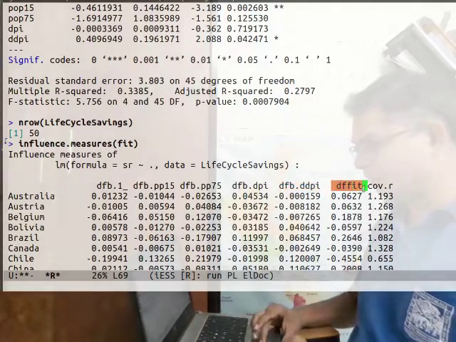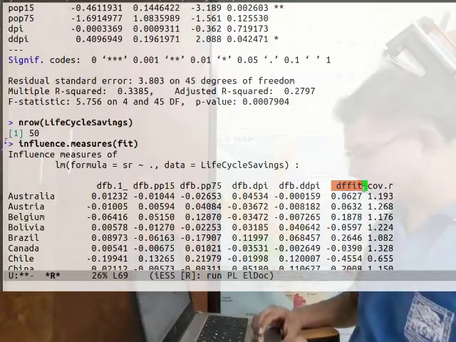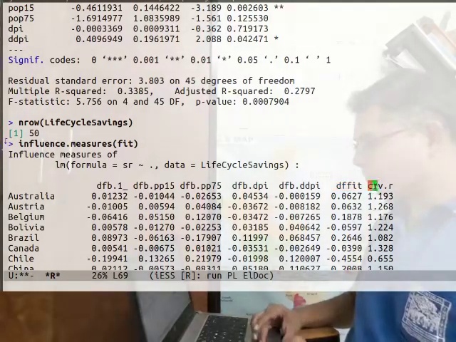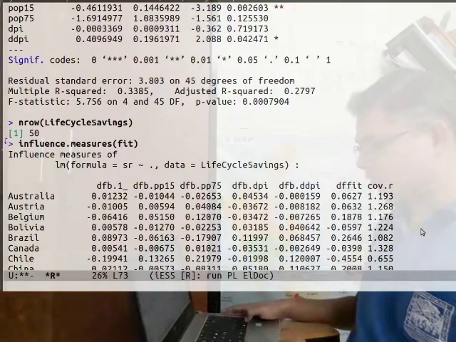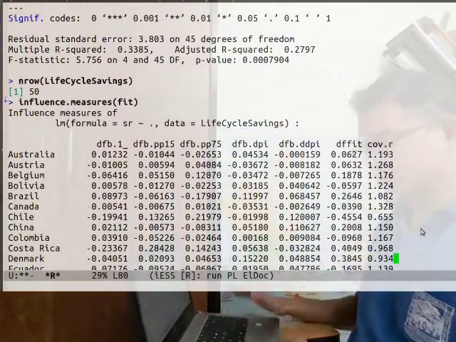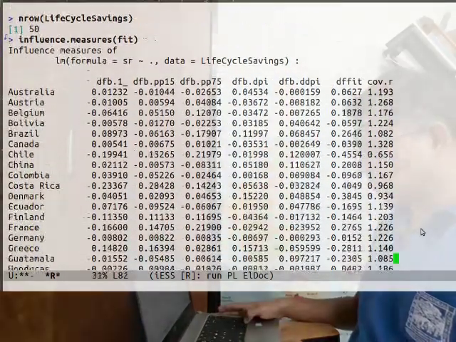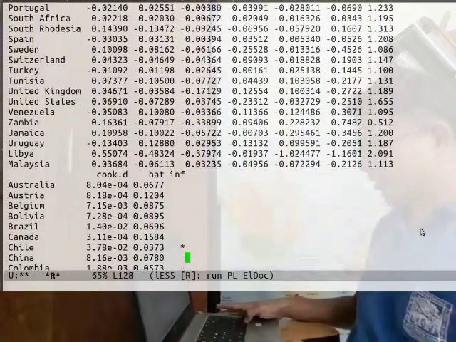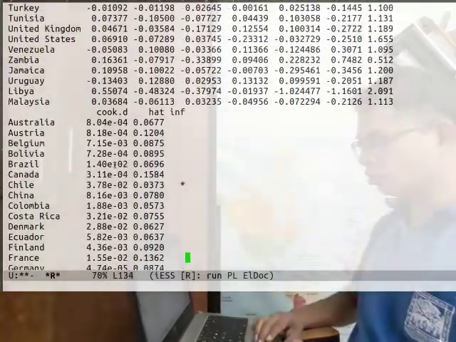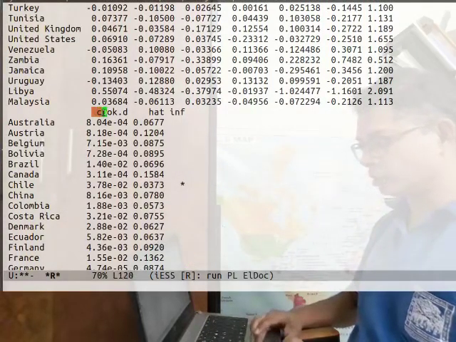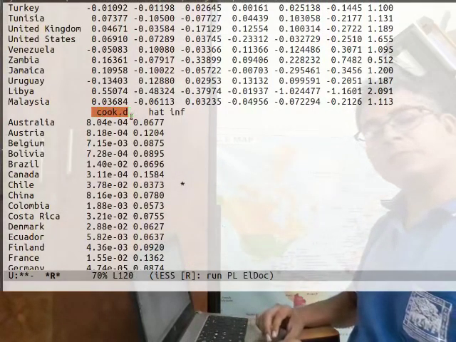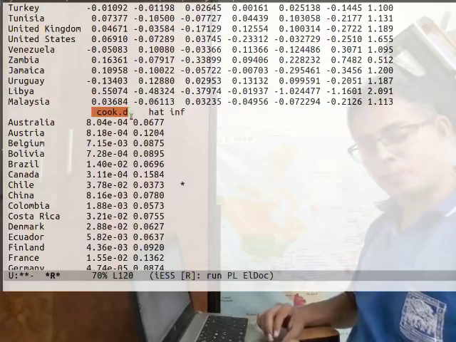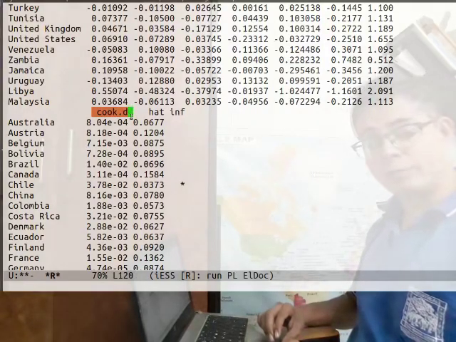They call it dffit, but actually they are DFFITS values. These are the covariance ratios, and they also print some other things which did not fit in the table, so they have been delegated to the next line, the next block. So this is called cook.d, which is the abbreviation for Cook's distance. Now we have not talked about Cook's distance, so let's take a quick look at what that is.